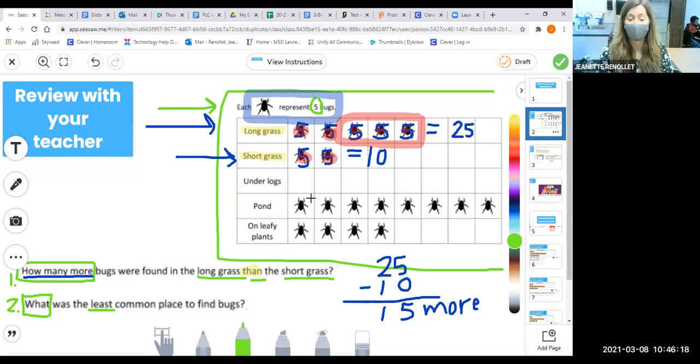So if I look at the graph, I see the place with the least amount of symbols under logs. So our answer, under logs, was the least common place.